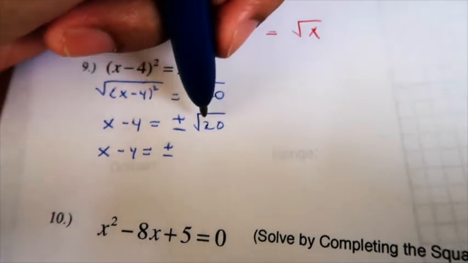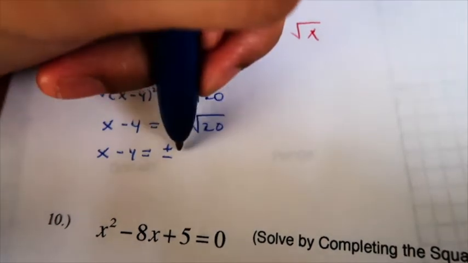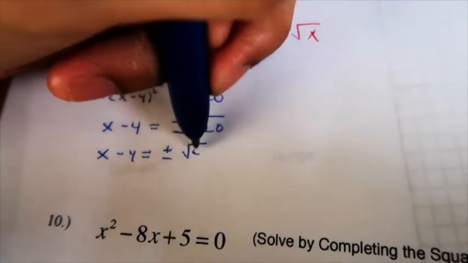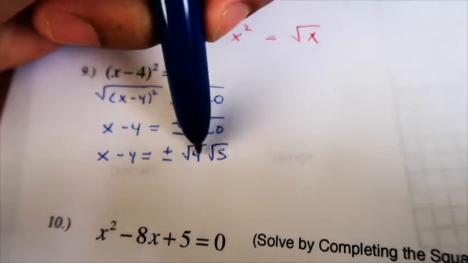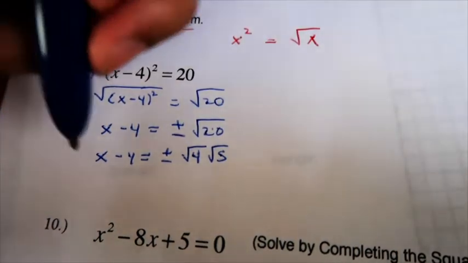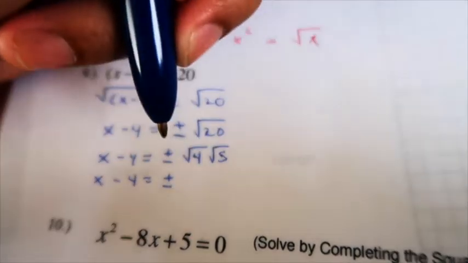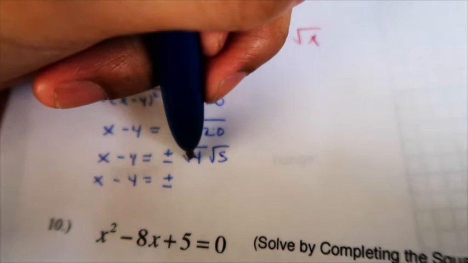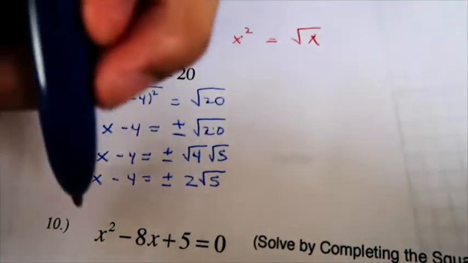Now the greatest perfect square that goes into 20 would be 4. So we have the square root of 4 times the square root of 5, because 4 times 5 equals 20. So we have x − 4 equals plus or minus the square root of 4, which is 2, square root of 5.